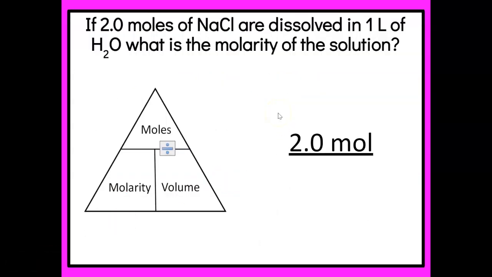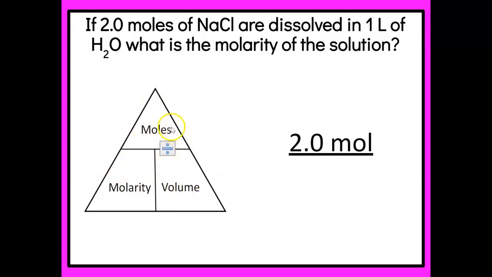All right, so now let's do a problem. It says if 2 moles of sodium chloride are dissolved in 1 liter of water, what is the molarity of the solution? Okay, so this is how we can use our molarity triangle. We are looking for molarity, so our equation is molarity is equal to moles over volume.